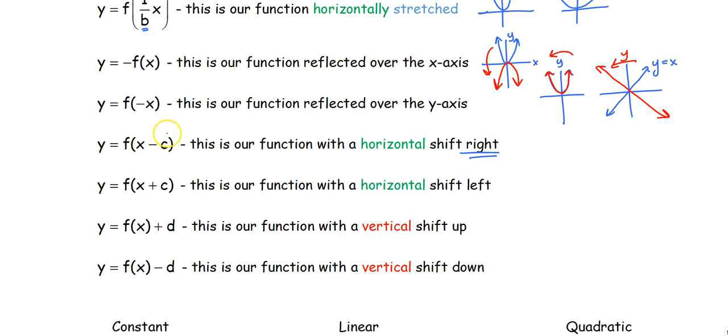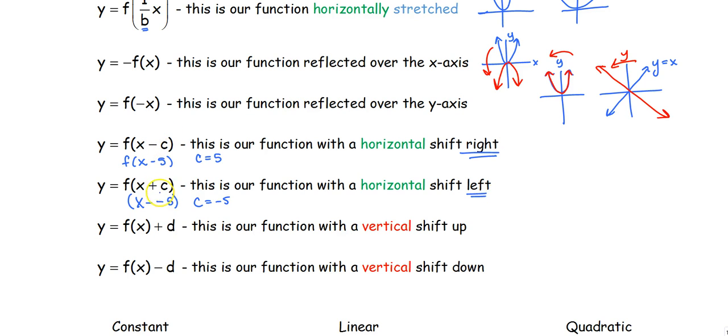Notice that if I'm subtracting c, so let's say that this was f of x minus 5, my c value is actually a positive 5 because I'm subtracting what c is. Therefore, because my c value is a positive, I'm going to move to the right. This is really representing x minus a negative. Let's call it a 5 again. So if it was x plus 5, it's really minus a negative, giving me a c value of a negative 5, and that's why it would be a horizontal shift left.